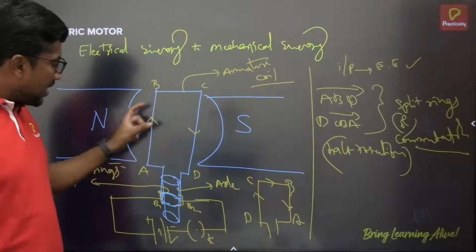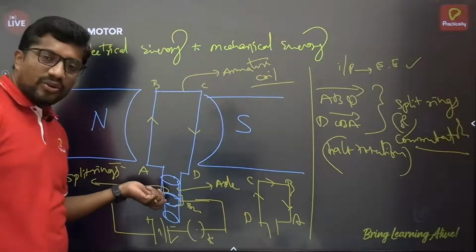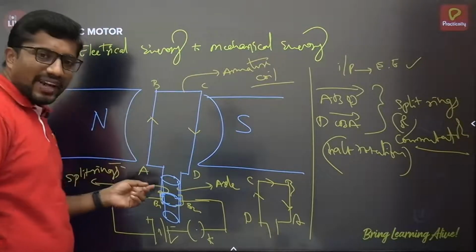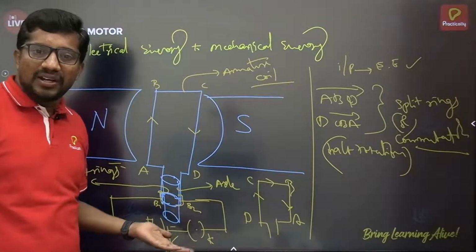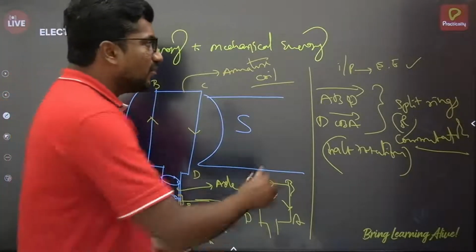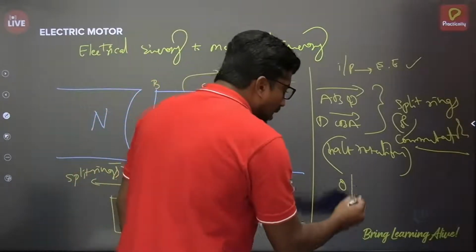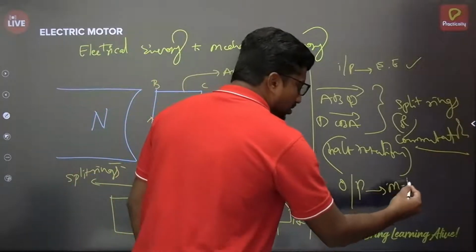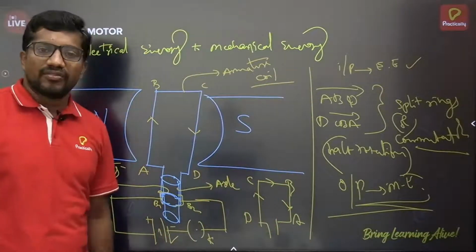Finally, as a result of the rotation, the axle rod is attached to the coil, and as the coil rotates, the axle rod rotates. That axle rod is a mechanical element. We have given electrical energy as input and we got mechanical energy as output. Simple, a very easy explanation of the electric motor.